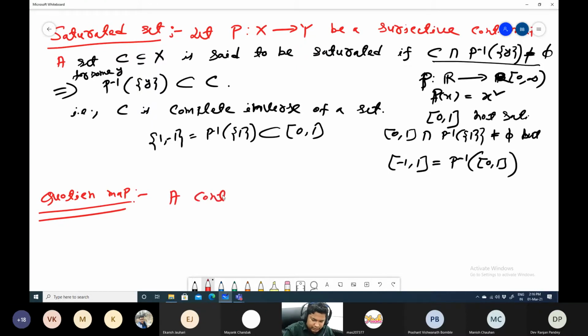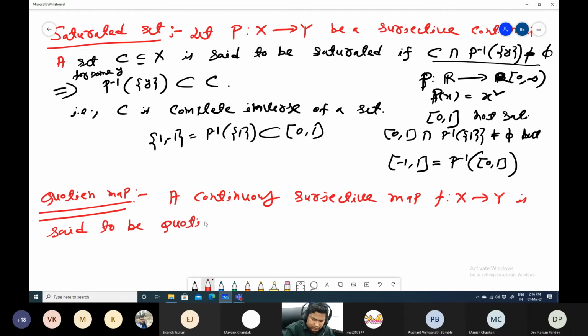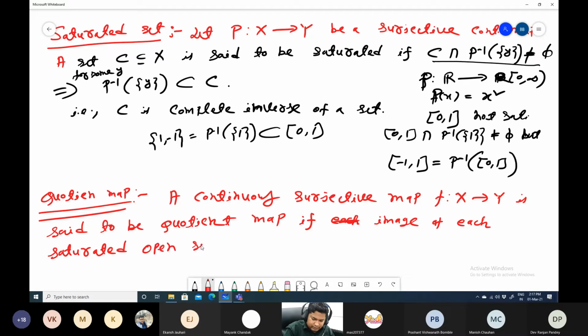A continuous surjective map f from X to Y is said to be a quotient map if the image of each saturated open set is open, or you can write closed also.